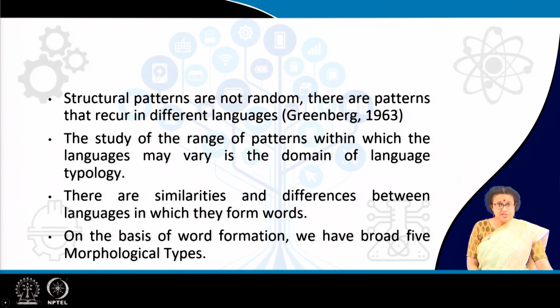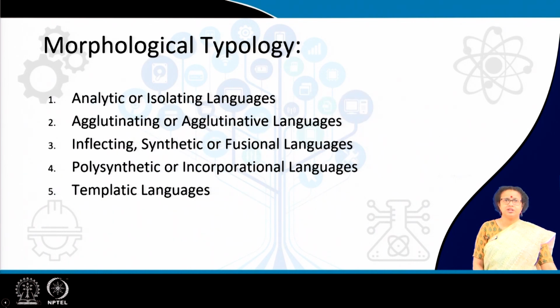There are similarities and differences between languages in how they form words. So, we are focusing on word formation only, and on the basis of word formation we have broadly 5 morphological types, and our goal is to learn about these 5 morphological types in today's class. These are the names of the 5 types.